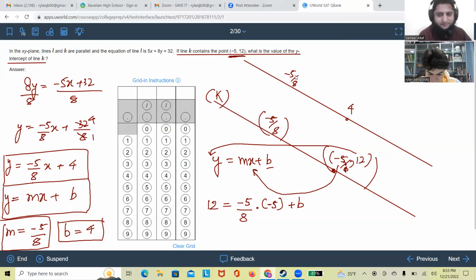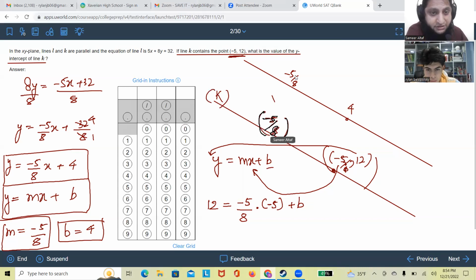Is that making sense, or do we need some explanation here? I just need an explanation on how I would solve for this. Okay, okay. So first step is for the line K, since these two lines are parallel. The first information which we extracted from the question was this line is also having the slope as negative 5/8, correct?